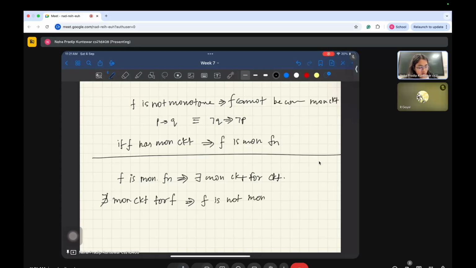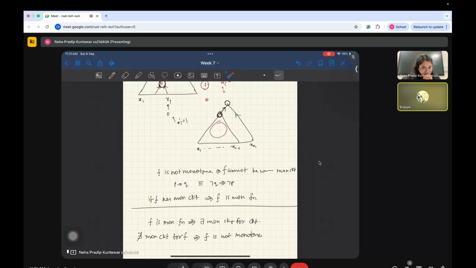But this might be harder, because to say that there is no monotone circuit means that you are arguing with respect to all possible circuits that there can be. So that could make things harder. Yes. Now since we have proved the other direction, the forward direction is remaining to be proved. This is what we want to show.